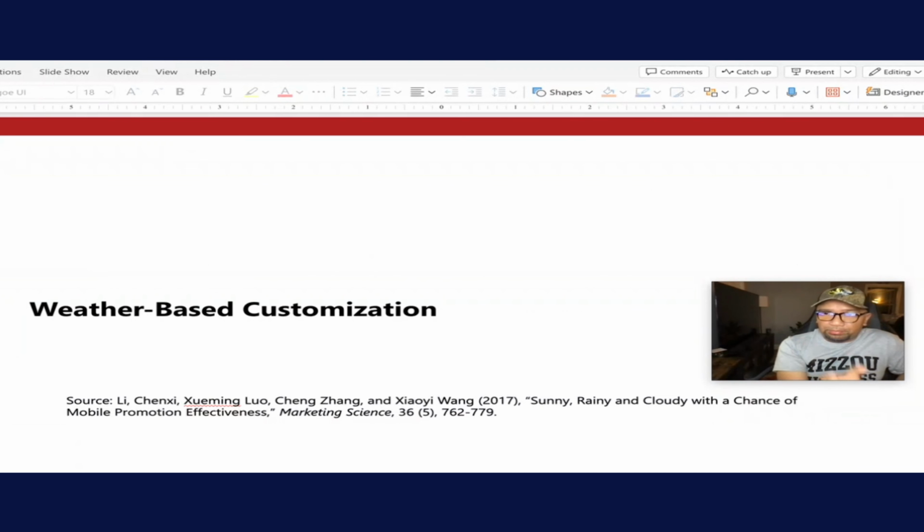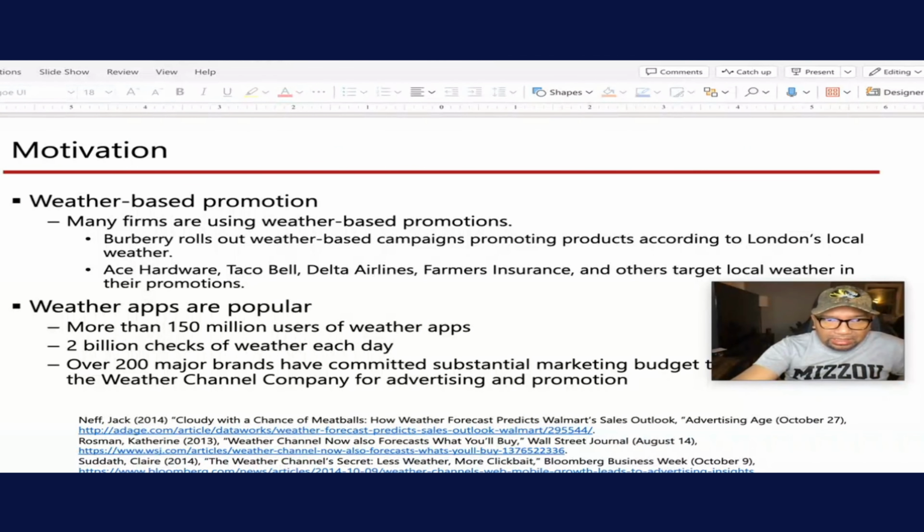Under weather based customization, in this particular study they found that people responded to ads based on the words that are used.